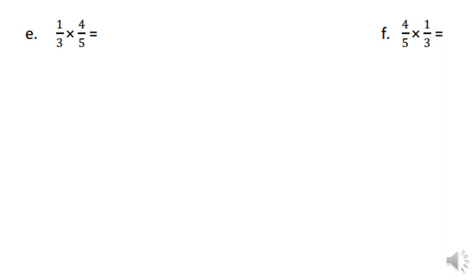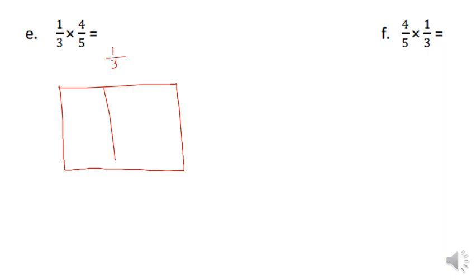On E, we have 1/3 this time, so we're going to split it into thirds. And we're going to shade in 1/3. And then I have 4/5, so I'm going to split this into fifths.